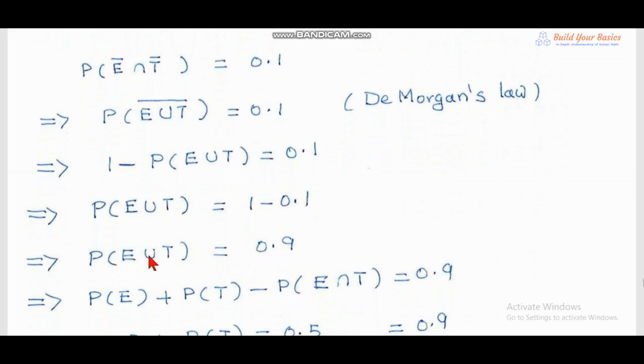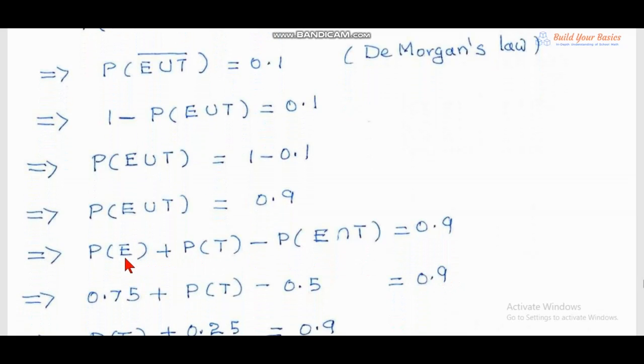Now we can apply the addition theorem on probability. That is probability of E plus probability of T minus probability of E intersection T is equal to 0.9. We know probability of E and probability of E intersection T, both are given. So 0.75 plus probability of T minus 0.5 equals 0.9.